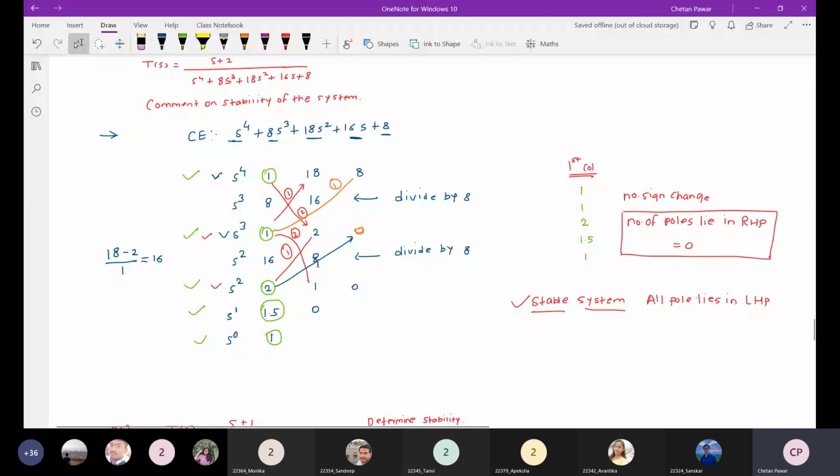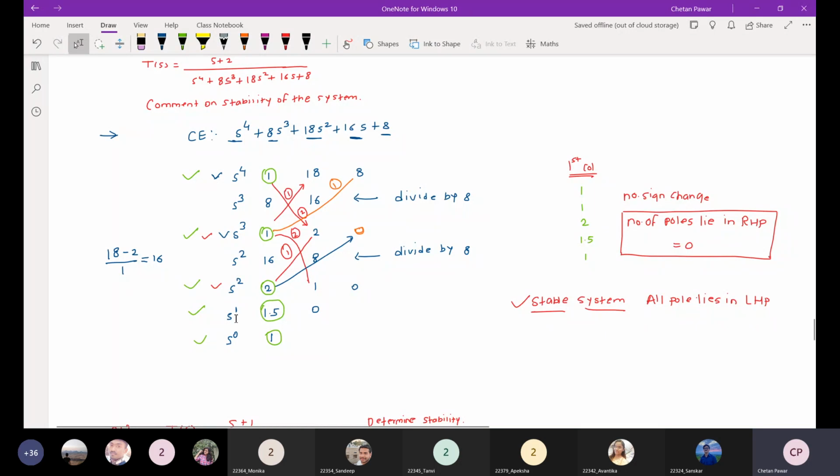Similarly, for the second element of the s square row, we use 1 into 8 minus 0 into 1, divided by 1, so that is 8. Then we simplified this row by dividing by 8, and we got the coefficients 2 and 1.